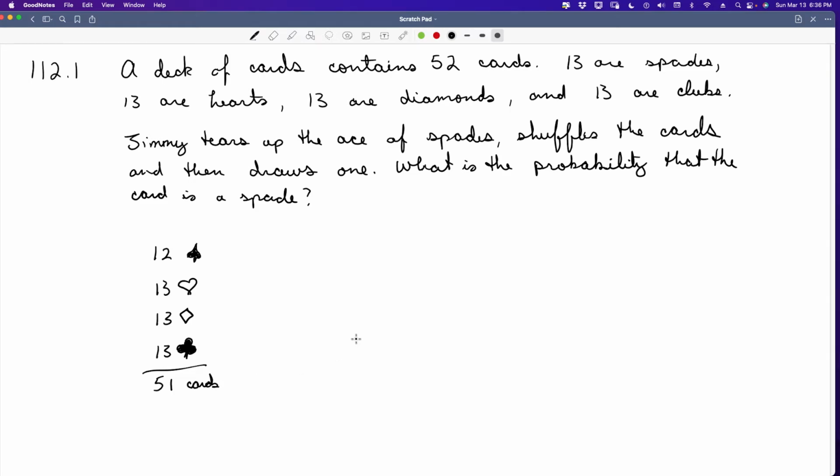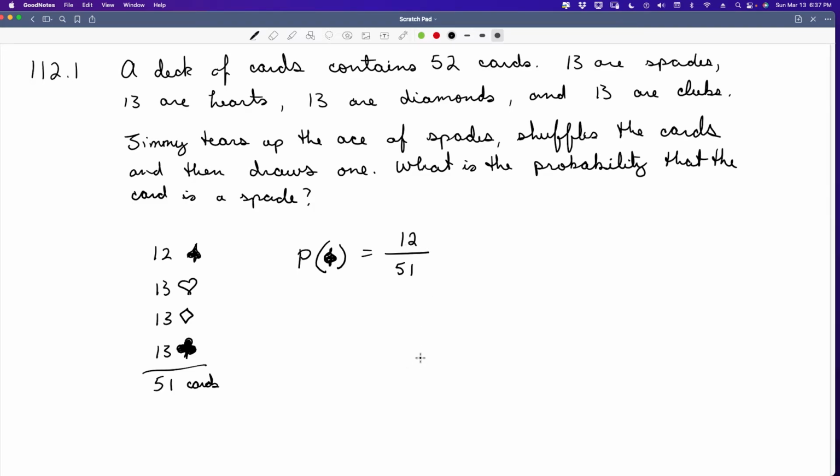So now the probability that we will draw a spade is going to be, we have a total of 51 cards, and there are only 12 spades in the deck now. So our probability that the card he drew was a spade is 12 out of 51.